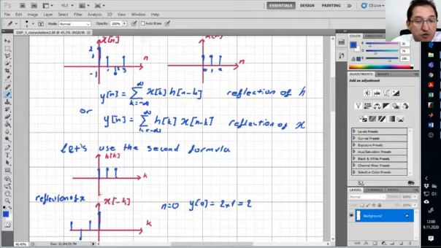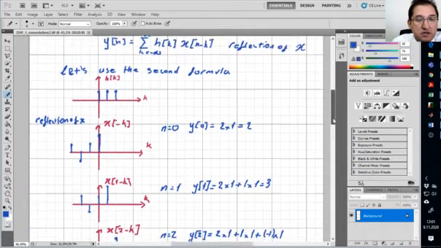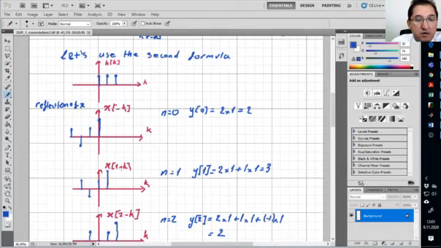For the next output, we need to shift x to the right 1, and this is for n equals 1. Here this is x[1 minus k]. We shift the x to the right 1 step further.